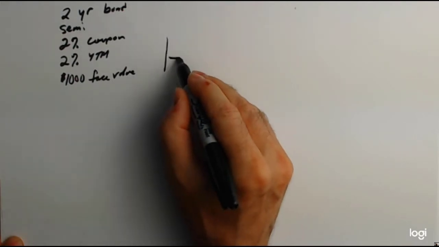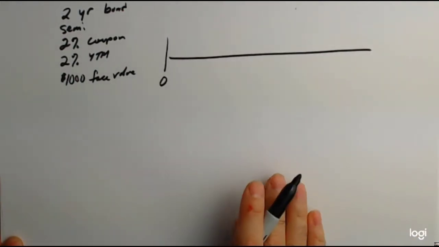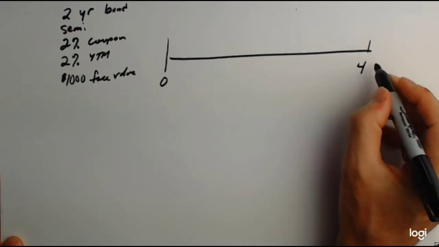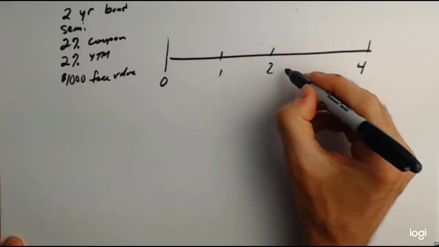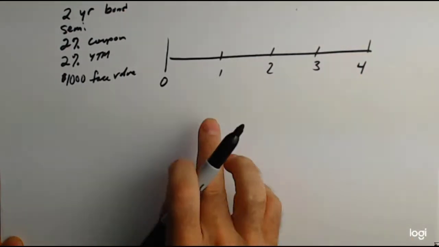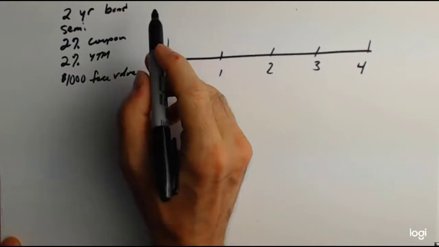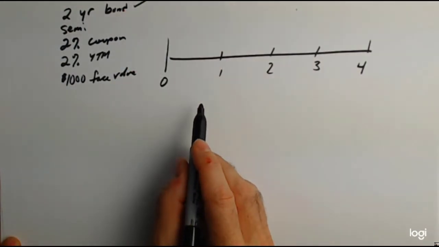And so what we want to do with this information right off the bat is map it out on a timeline. So you start out at time 0, and we're going to have 4 semi-annual periods. These are semi-annual periods. That's 1 year. That's the second year, because it's a 2-year bond that pays semi-annually.